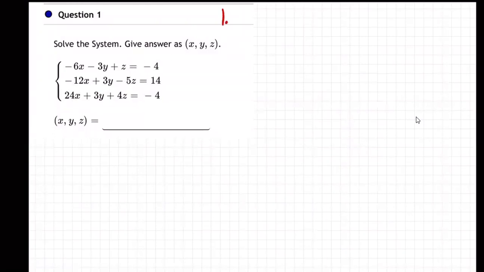So step number one: start with a letter with no number.